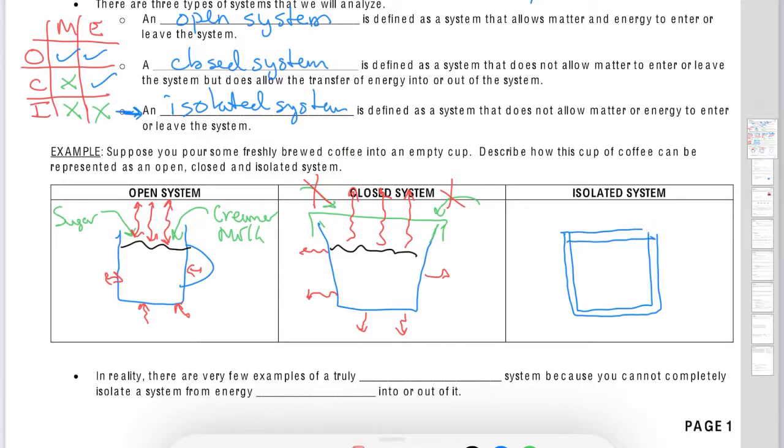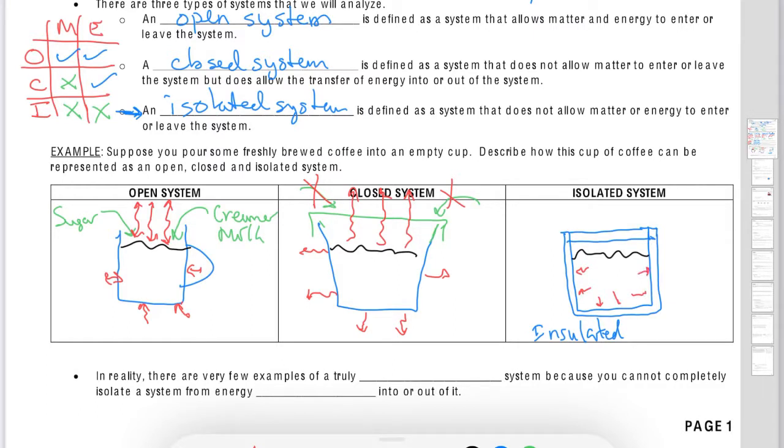Okay, and so again, when we talk about these lids, we're making the assumption that we're not going to pull it off. If we had an insulated cup like a Yeti or a thermos, here's our coffee. Energy will try to escape, but it can't.